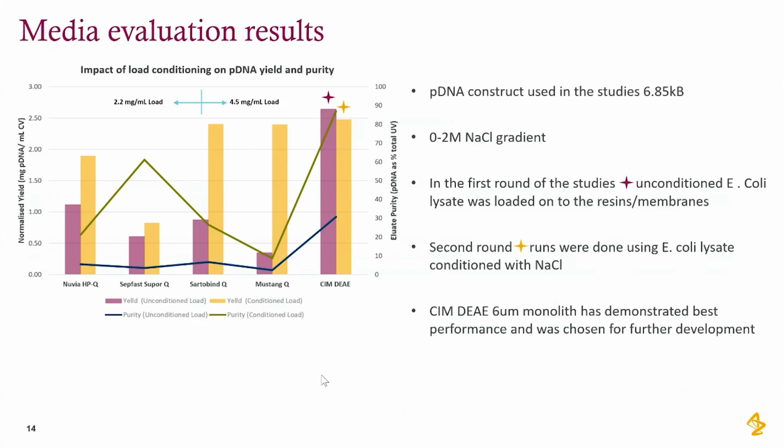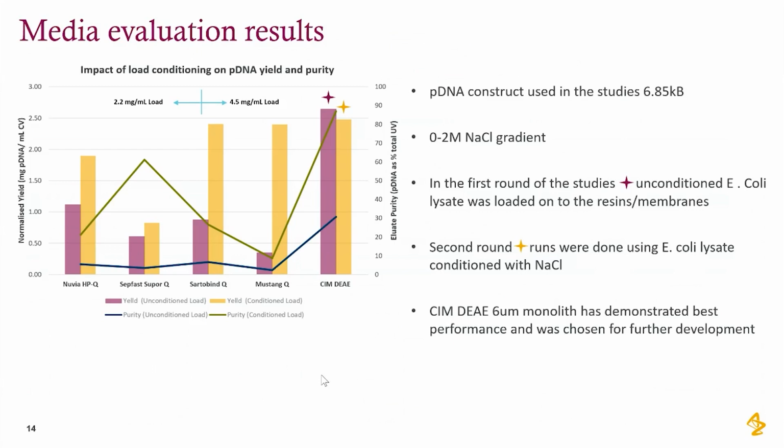In the first round, highlighted in purple, you can see data of the yields and purities where we loaded crude E. coli lysate. It means we would just lyse the cells, we didn't do any lysate adjustments, and we would just load on the media.